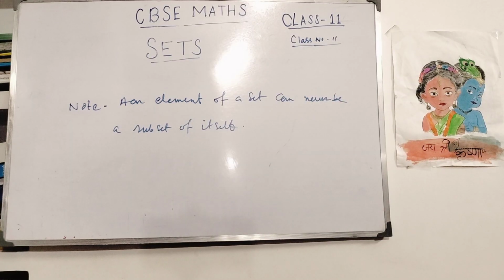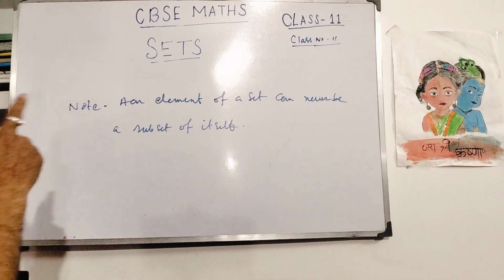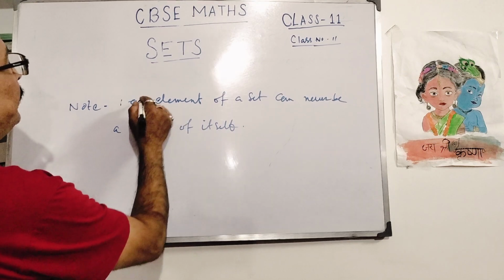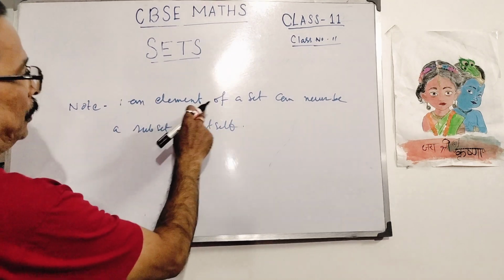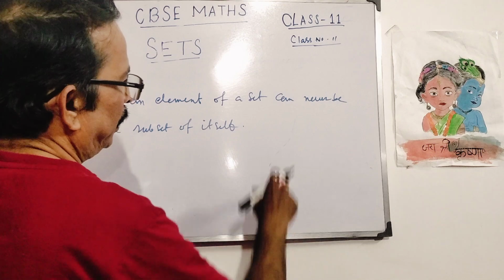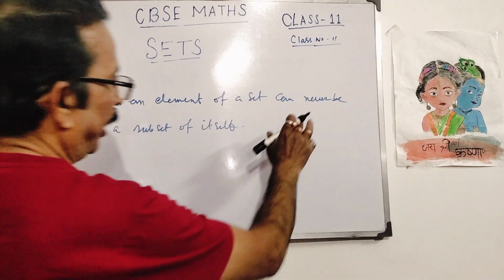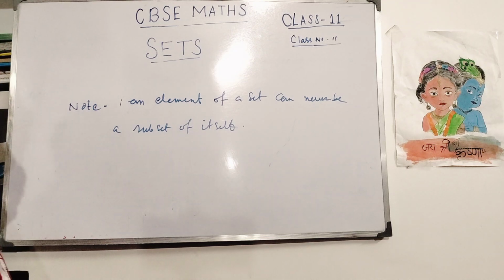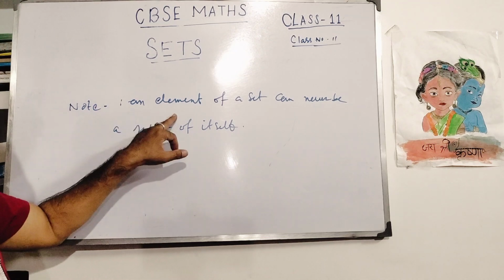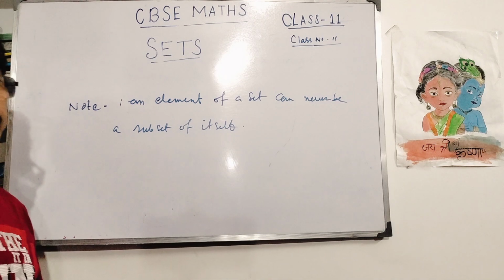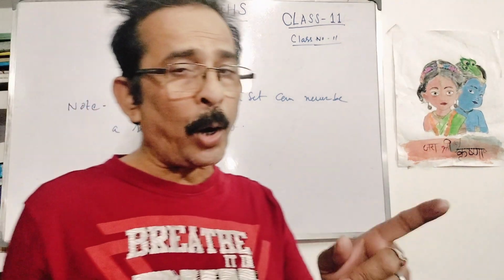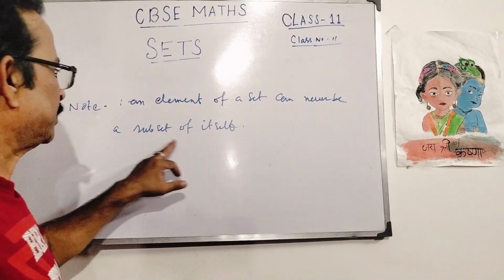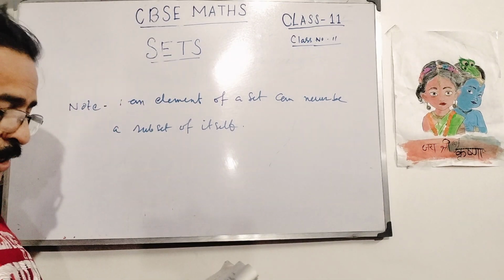Next, look at this whiteboard. An element of a set can never be a subset of itself.